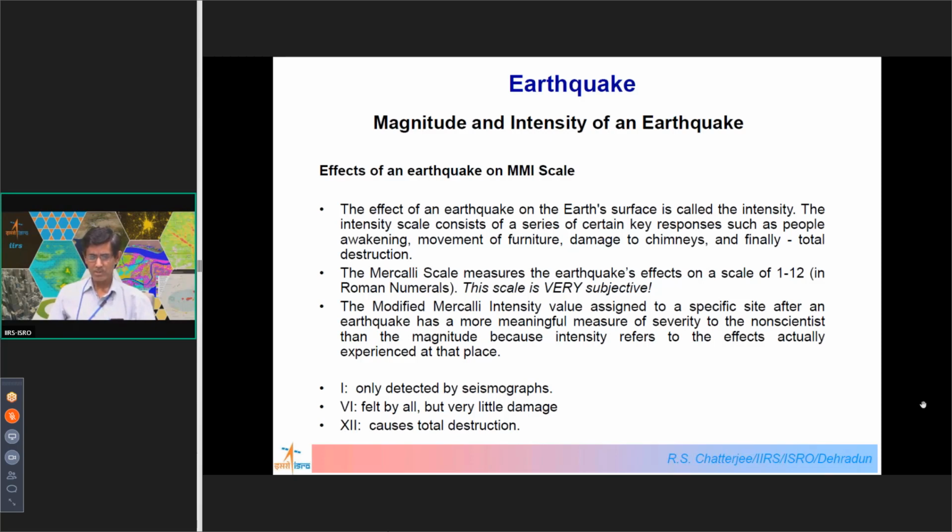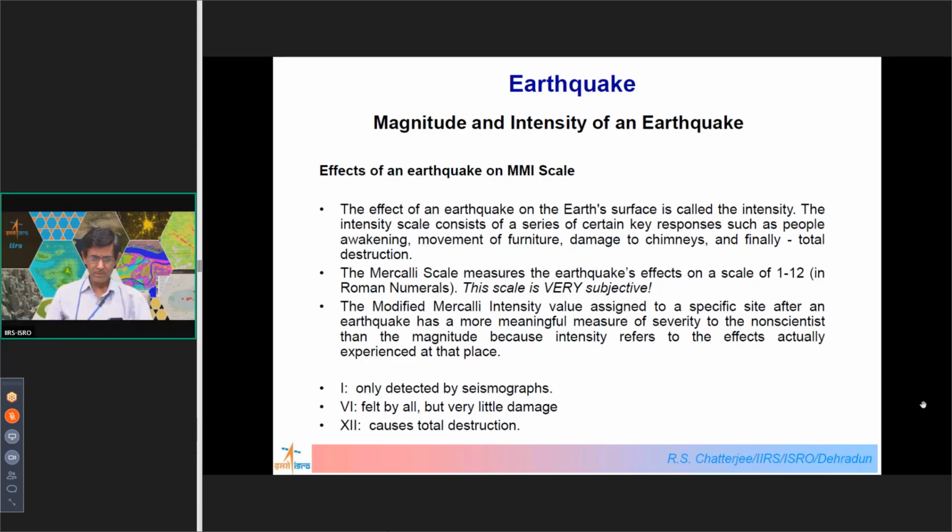To the non-scientist, it has meaning, as they understand the effect of the earthquake. Whereas the moment magnitude and Richter scale measure the strength of the earthquake, intensity measures the effect of the earthquake, and this effect is rated 1 to 12 in Roman numerals.